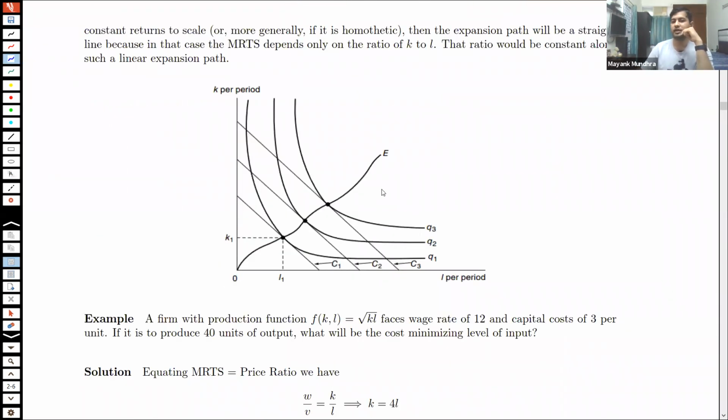For this isoquant Q1, this is the ideal point. For Q2, this is the ideal point. For Q3, this is the ideal point. Similarly, for different levels of quantity, you have different ideal points. So when I connect all these ideal points, what I get is the expansion path.